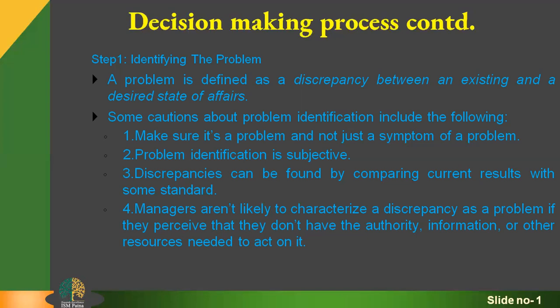Discrepancies can be found by comparing current results with some standard. That is true. Like in a sales system, the sales order processing system normally provides inquiry of the products, provides the status of stock of the product, confirms the order, and delivers the order to the concerned invoicing and warehouse departments for delivery of the product.